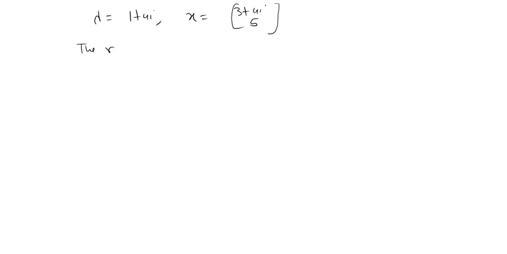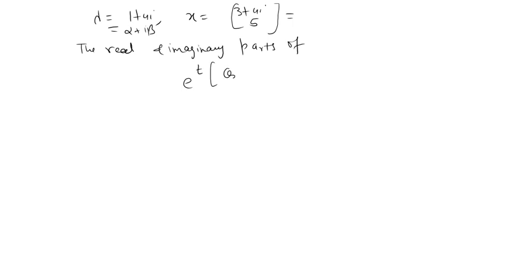Now we write the real and imaginary parts. Lambda equal to alpha plus iota beta, right? So x equal to u plus iota v, and e power alpha t is e power t, times cos 4t plus iota sin 4t, multiplied by the eigenvector. This is not a matrix, this is just a scalar.